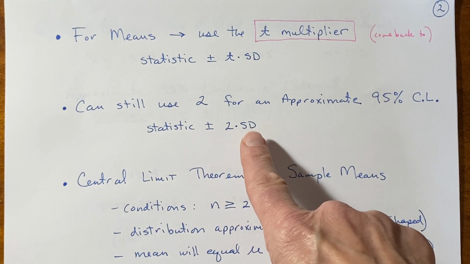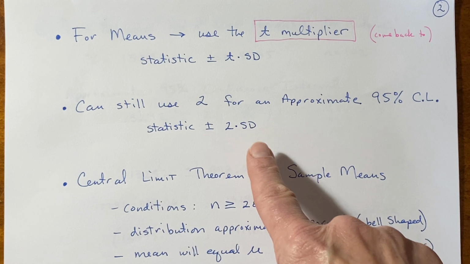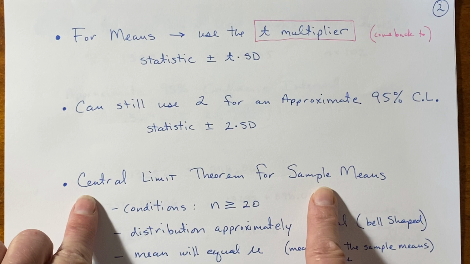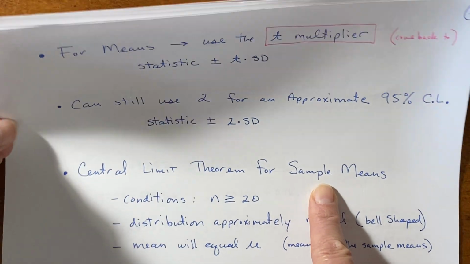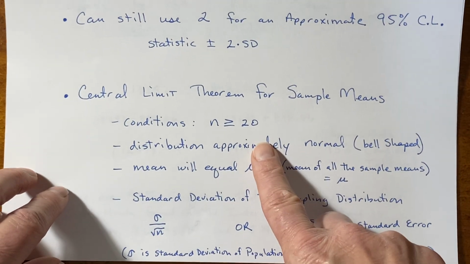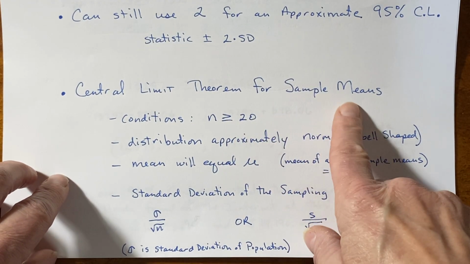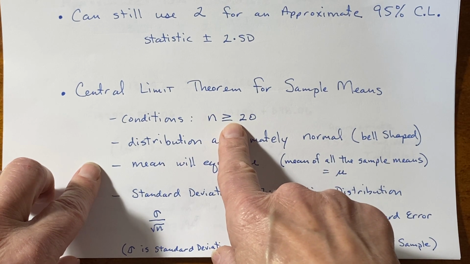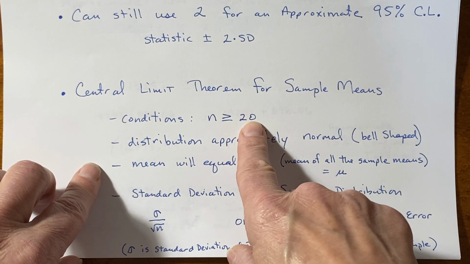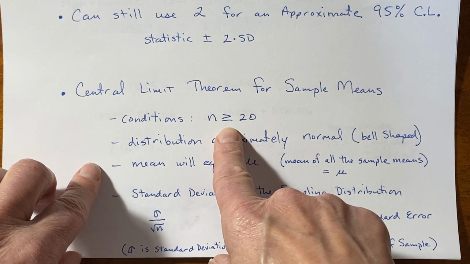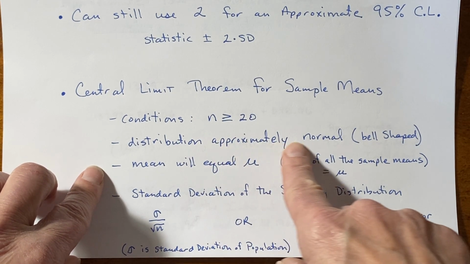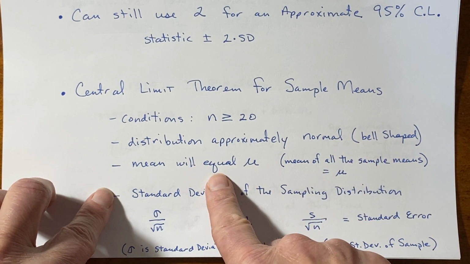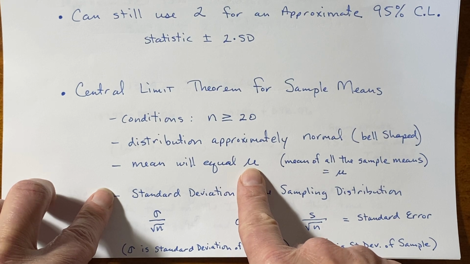Now for the standard deviation of the sampling distribution, now that we're looking at sample means, let's go back to the central limit theorem on sample means. Recall that in order for a sampling distribution to be approximately normal, we needed our sample size to be greater than or equal to 20 for sample means. Then we knew we had an approximately normal, bell-shaped distribution centered at the population mean, mu.